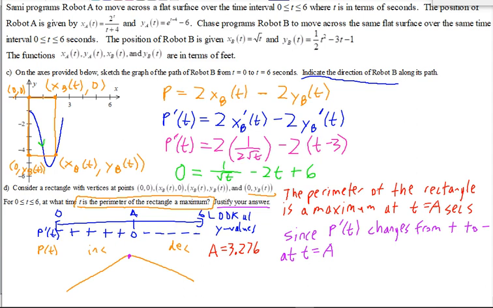And then one more thing you should probably mention, just so they know you thought about it. In this case, neither endpoint is a potential maximum, so you can say, and neither endpoint is a potential maximum. So then they know you thought about the endpoints, but realized, in this case, the endpoints are the potential minimums.